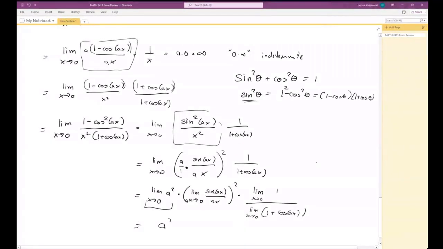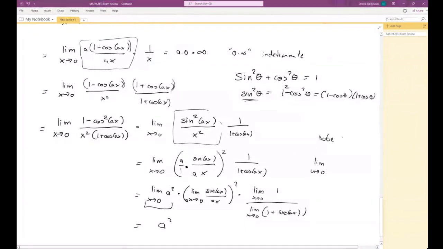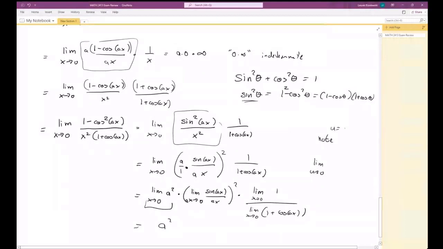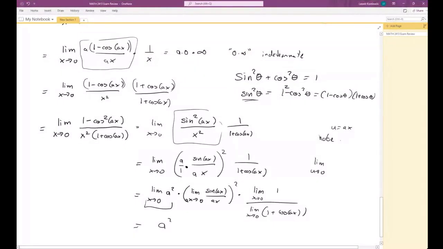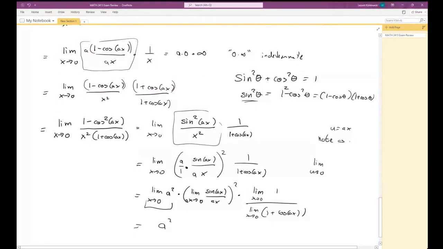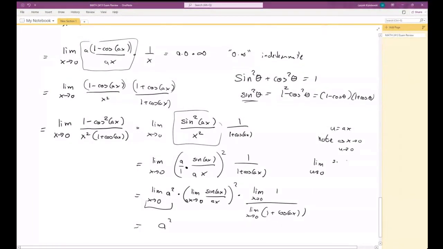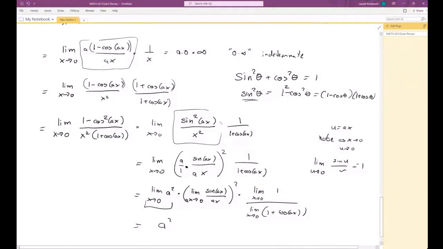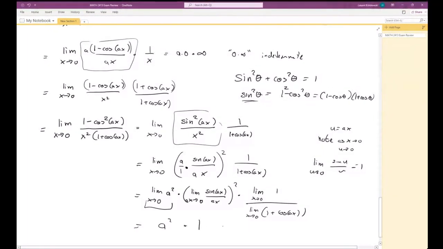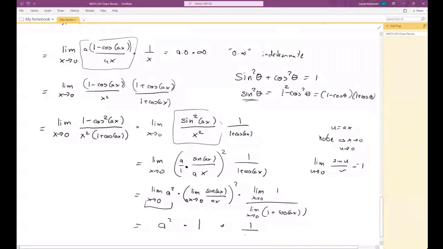So you could formally maybe call that u or something. I'm like working a problem backwards. So note that as x goes to 0, u goes to 0. So we get our special trig limits. Alright. And then here we just get 1 plus 1. So the answer is a squared divided by 2.